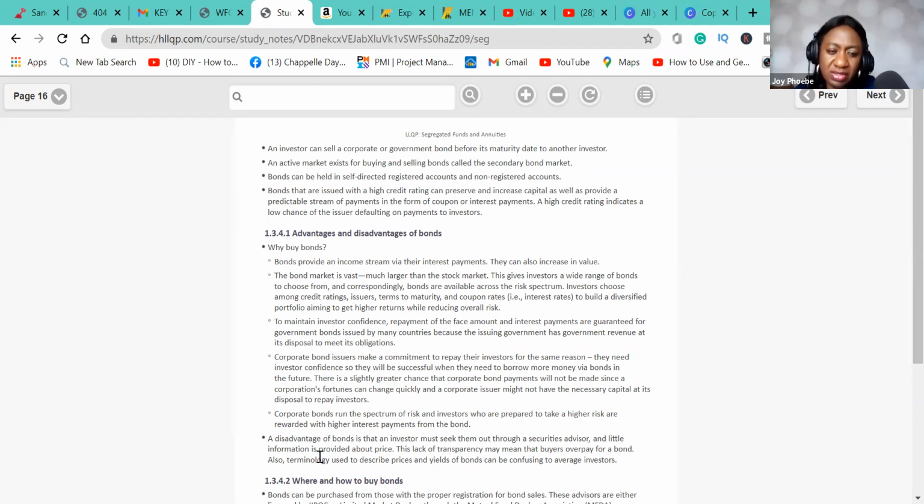Okay, so we talked about that. Corporate bonds run the spectrum of risk, and investors who are prepared to take a higher risk are rewarded with a high interest payment from the bond. Now, just like every other investment, corporate bonds have their own risks too.